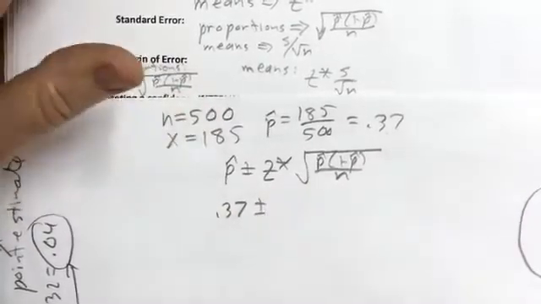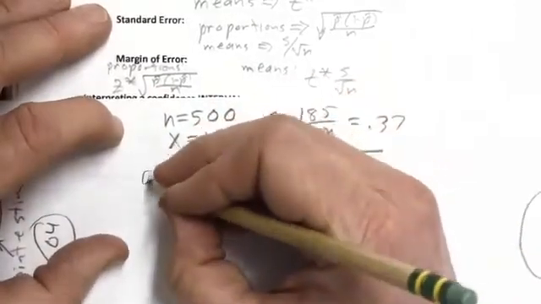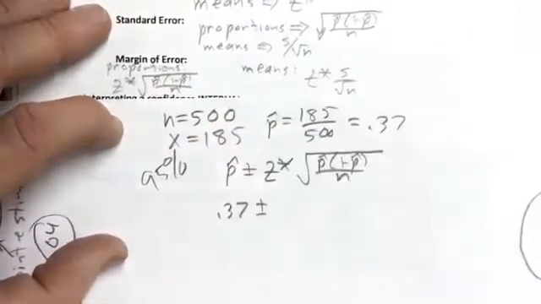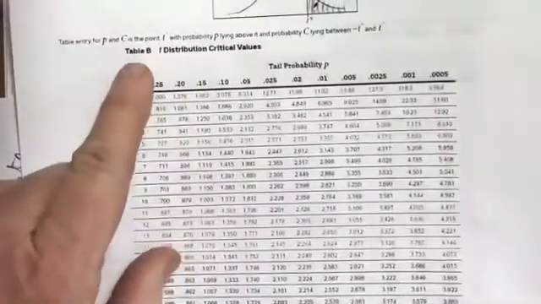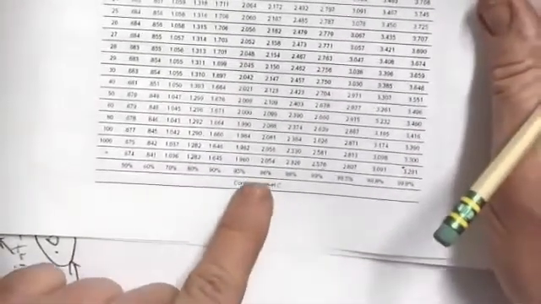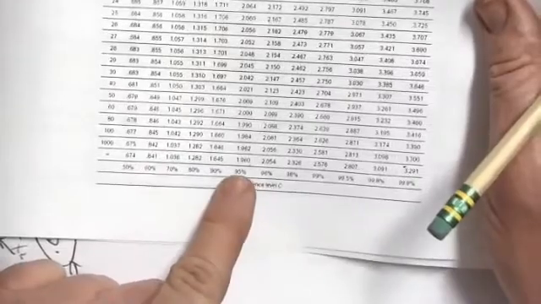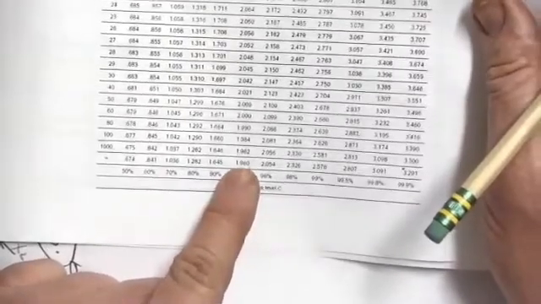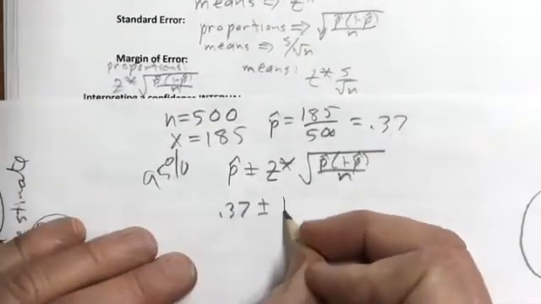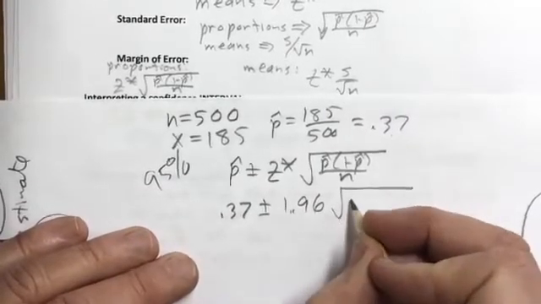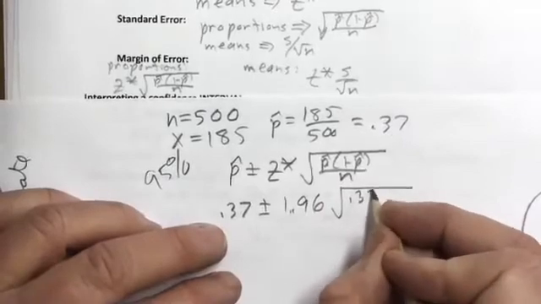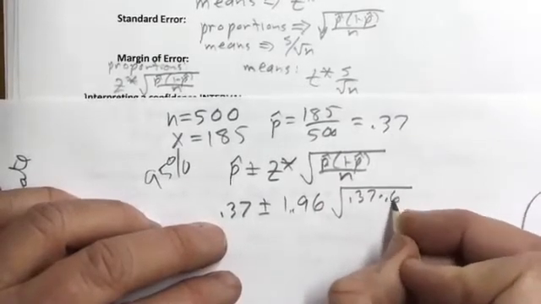Let's pretend it said create a 95% confidence interval. We would go to table B, go to 95% at the bottom, and it's 1.96 right there. So that's our z star, 1.96. Then we would say the square root of p hat, 0.37, times 1 minus p hat, that'd be 0.63.